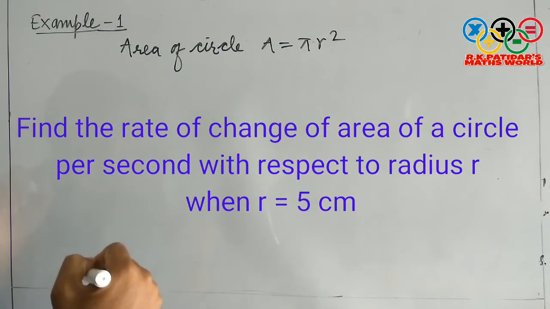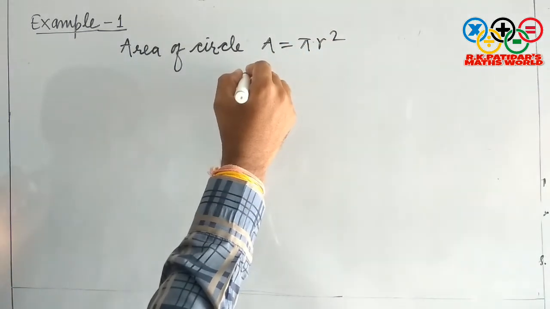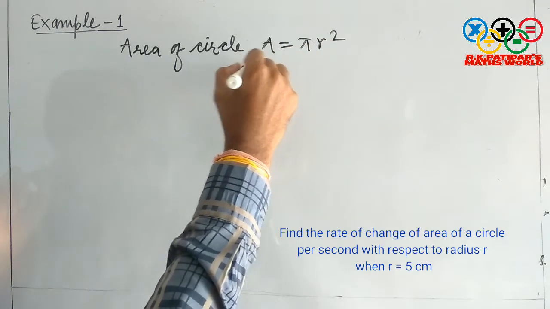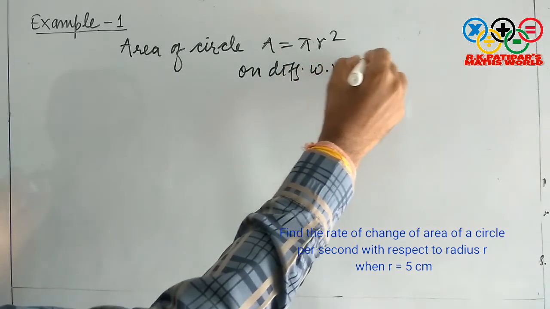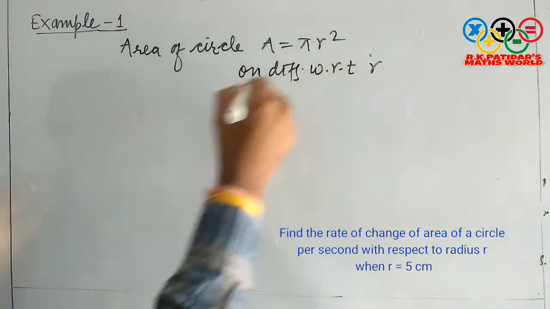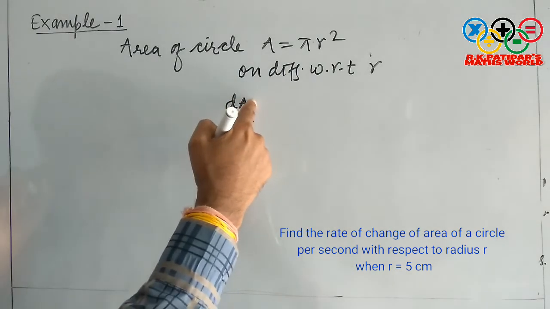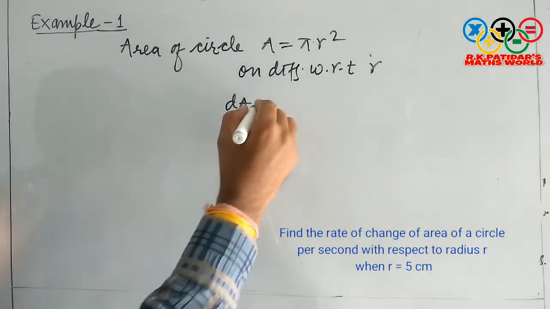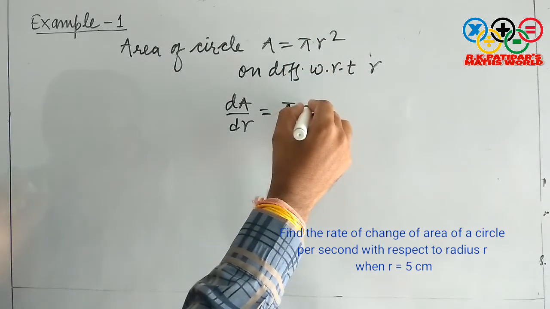We have to find the rate of change of area with respect to its radius, so we differentiate with respect to r. On differentiating, dA upon dr, the rate of change of area with respect to radius, is the derivative of pi r square.